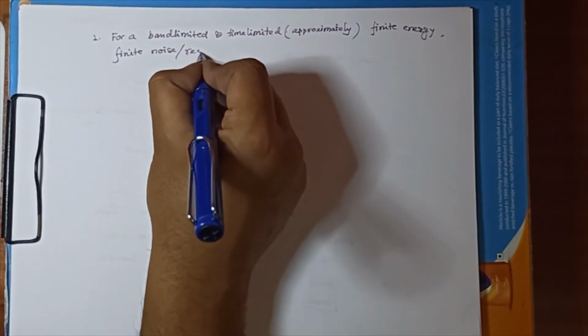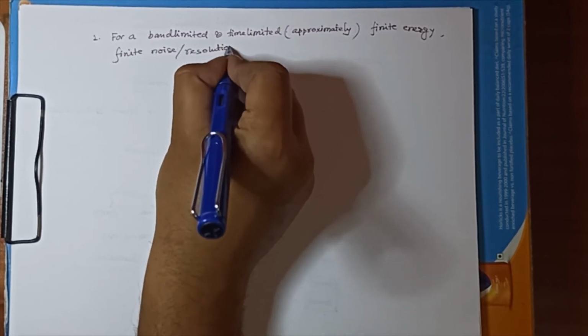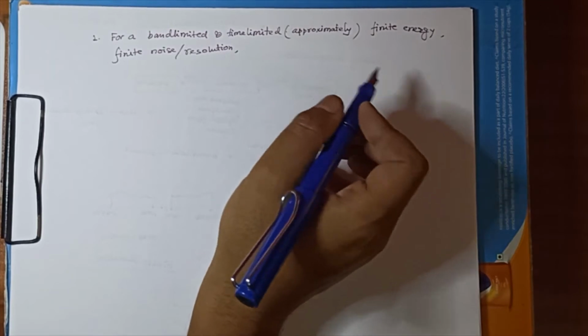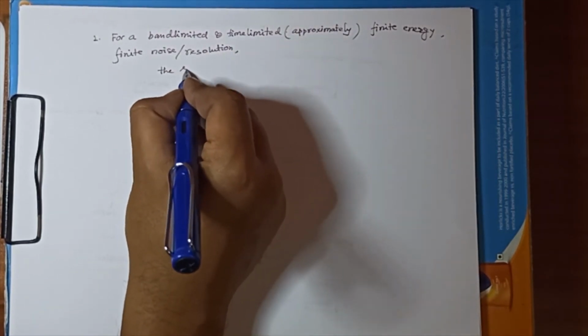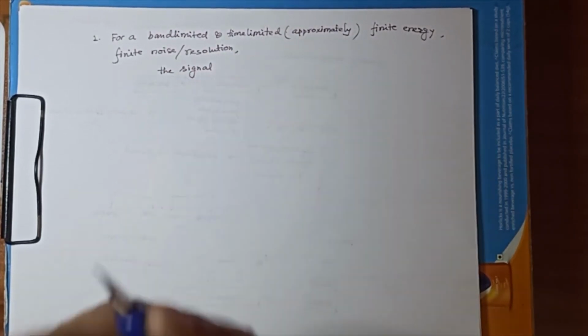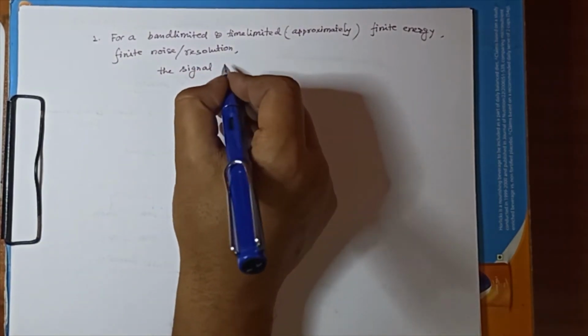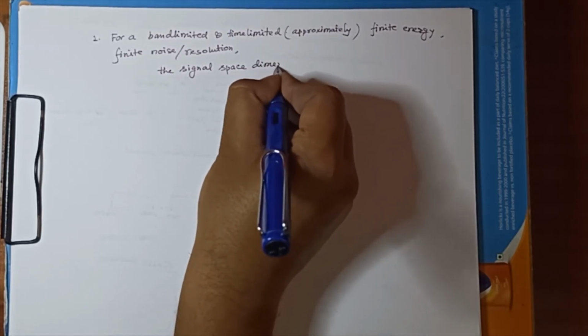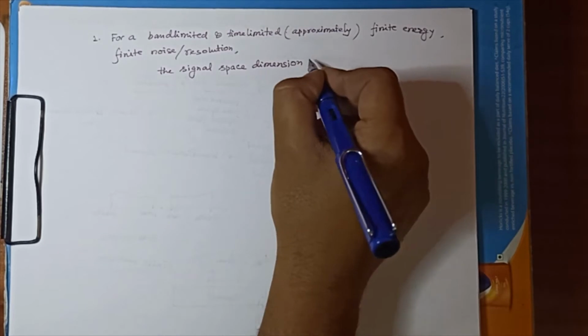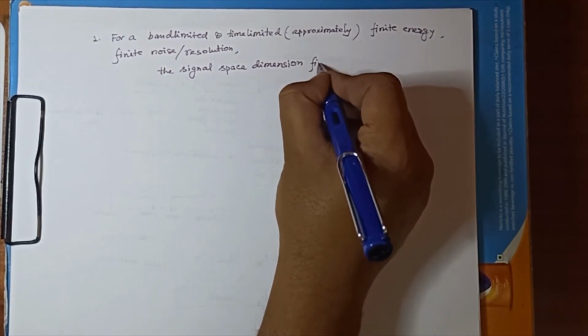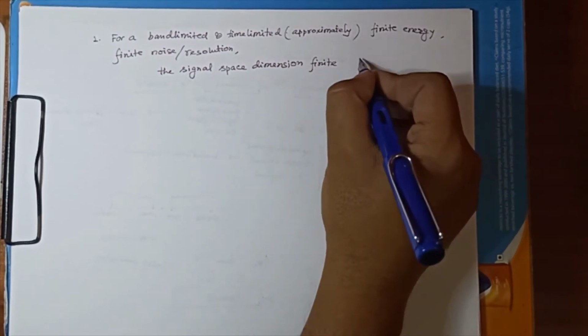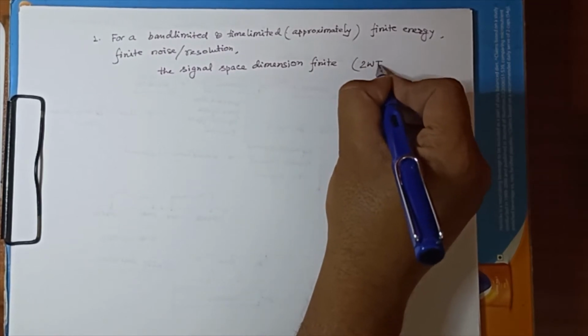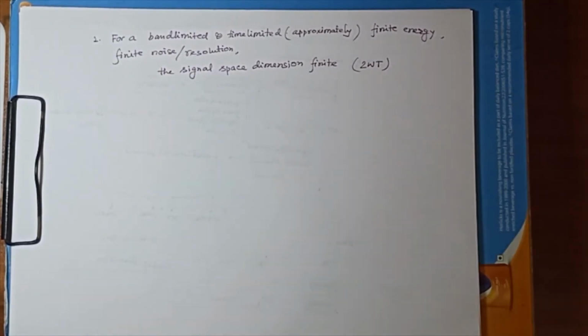Then we will prove the famous Fox theorem, which says that for such a case the signal dimension, you know about signal space, you have heard the 8 lectures of Fourier series and transform, right? So the signal space dimension becomes finite, and that dimension is approximately 2WT, where W is the bandwidth and T is the time width.